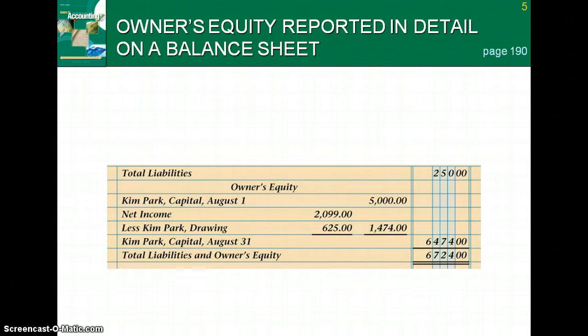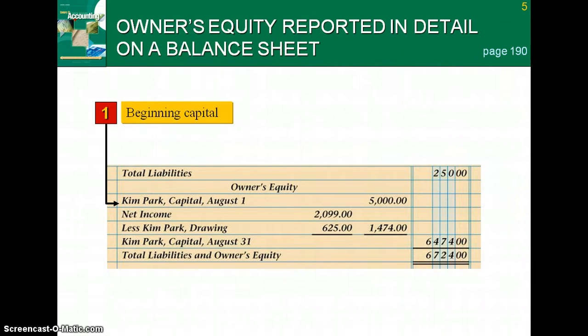Owner's equity, we have to figure it. In this case, this is an example of reporting it in detail for a balance sheet. You do not have to report it in detail. However, I wanted to put it in here so that you know how to figure capital first. So you start with your beginning capital, the amount that's on your trial balance.